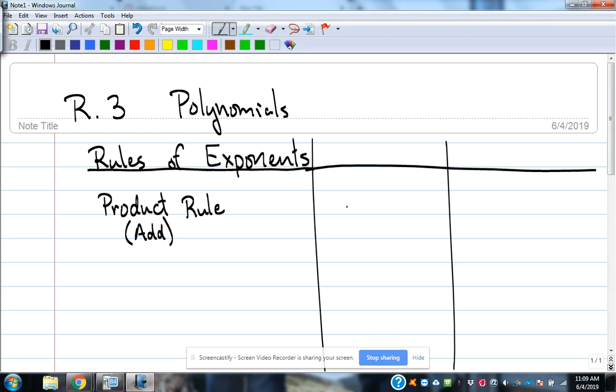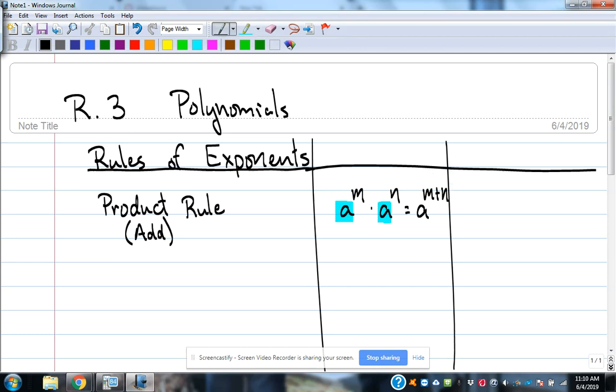So when you're multiplying two things that have the same base and have exponents, the rule is that you add the exponents. Remember, the base is this part down here. So the bases have to be the same, and if you're multiplying, you add the exponents together.